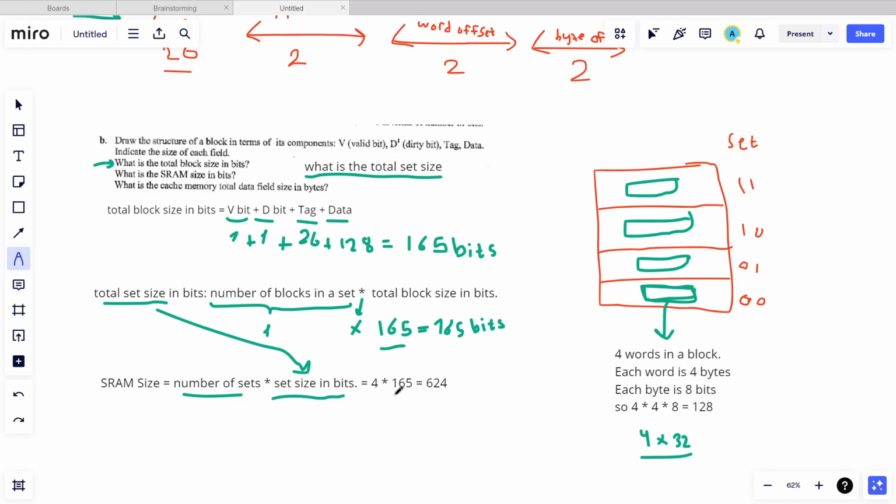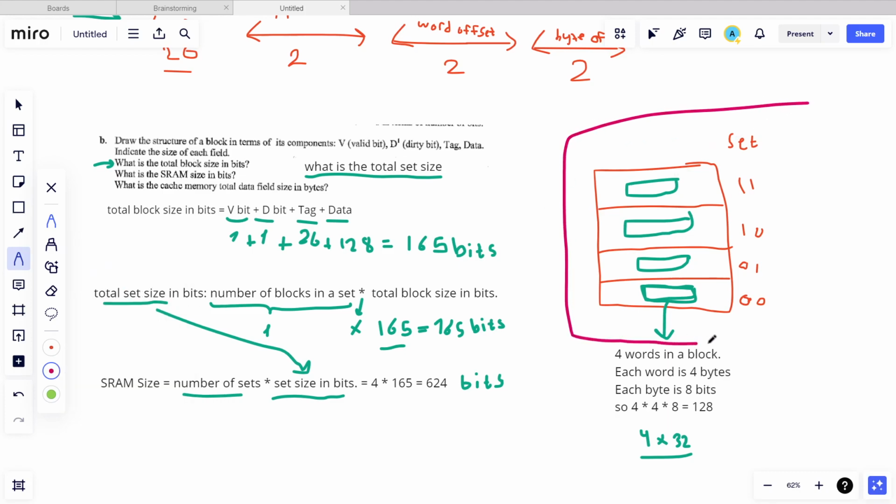So 4 multiplied by 165 is 624 bits. Remember, you wouldn't be reaching this far without drawing this graph. This graph is very crucial to understand what's going on, and it's also going to help us in question C, and I'm pretty sure in question D in part A.